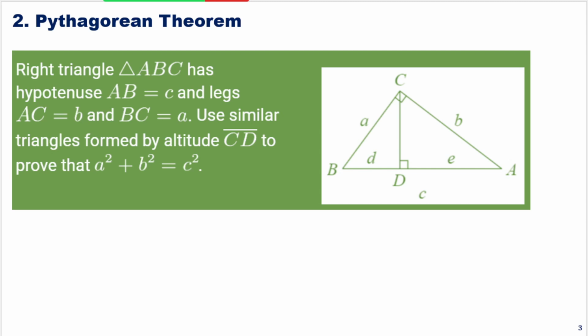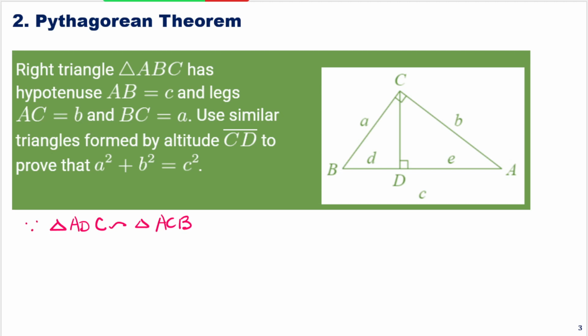Alright, have we finished? Okay, let's have a look at the solution together. So here we can know that triangle ADC is similar to triangle ACB, right?